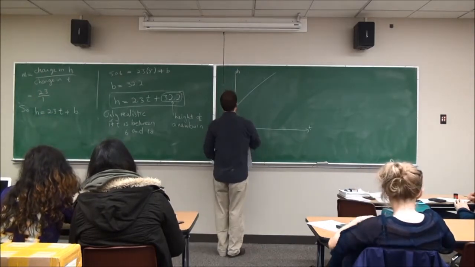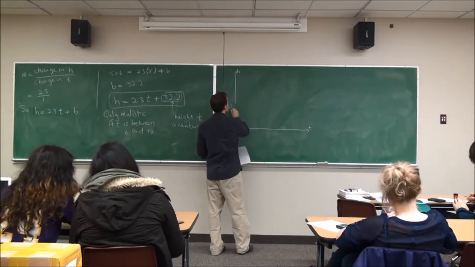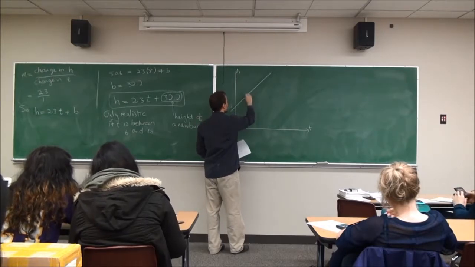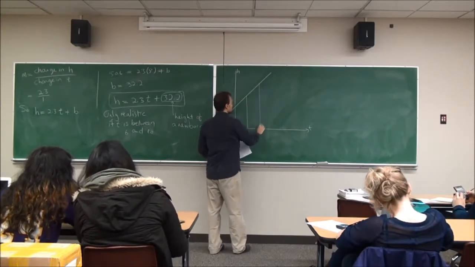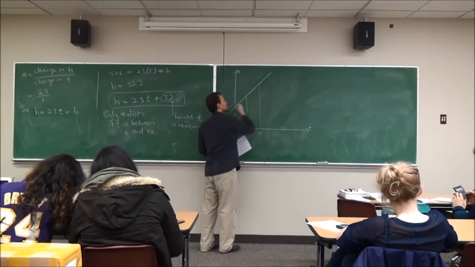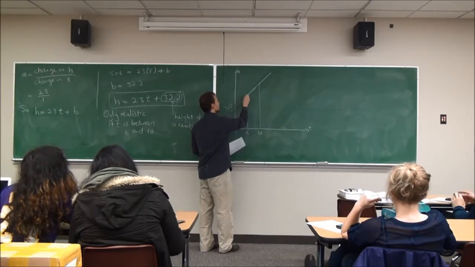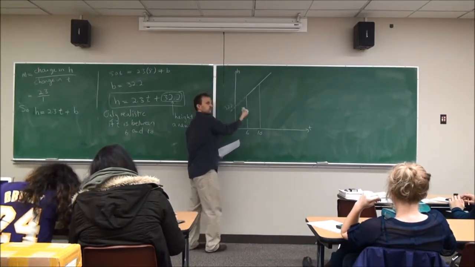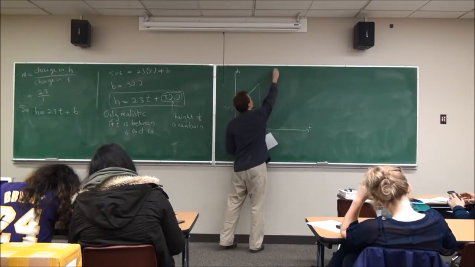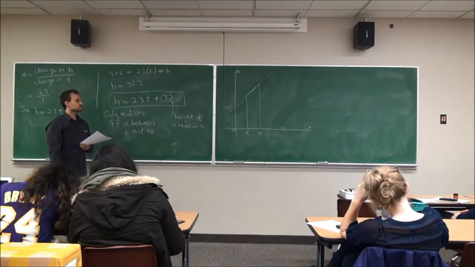So let me just draw this line again, a little straighter. So only over here, 6 to 10, does this straight line actually mean something? Over here it doesn't mean anything anymore. I'm losing accuracy the further away from this 6 to 10 range that I go, and I can't trust what it says anymore.